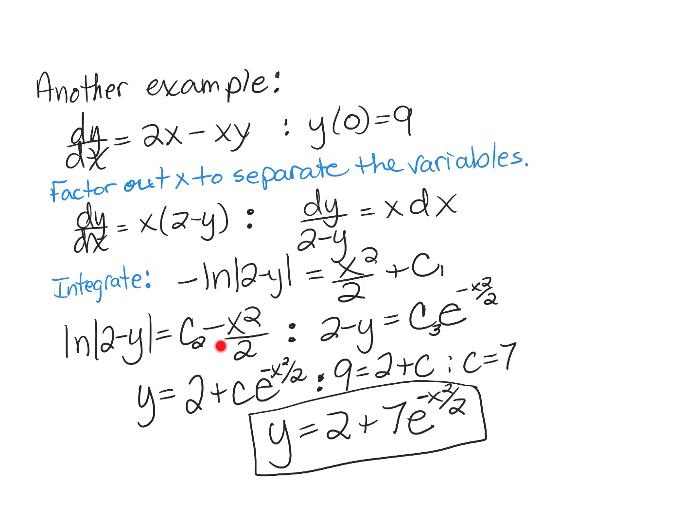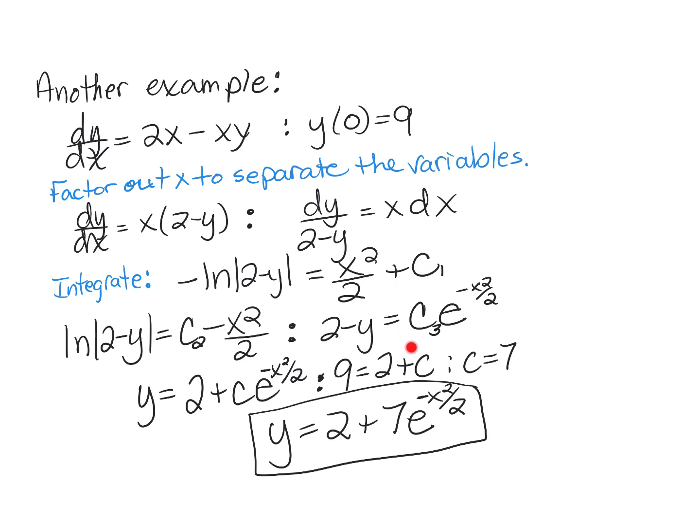Now from this point, I want to get my function outside of the logarithm. So I'm going to rewrite this equation as an exponential. That means that 2 minus y will equal e to this entire power. So we will have, just like in the previous problem, e to the constant times e to the negative x squared over 2.